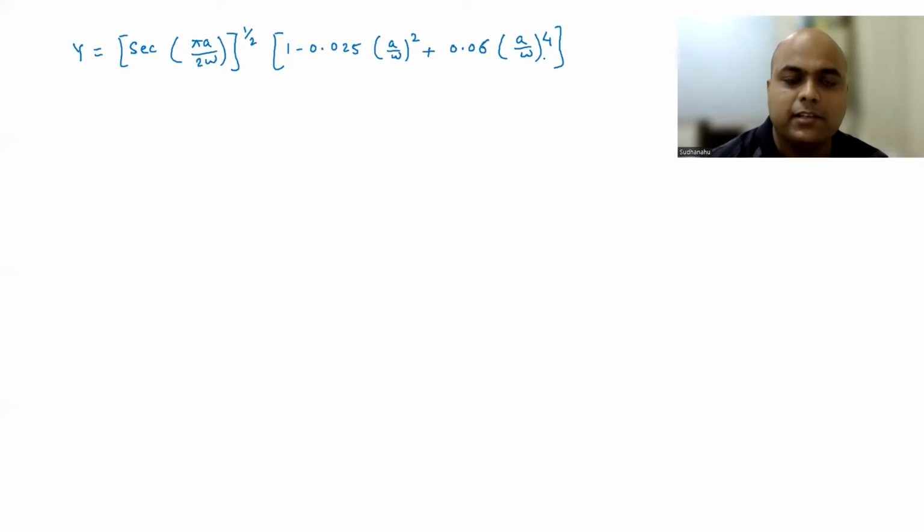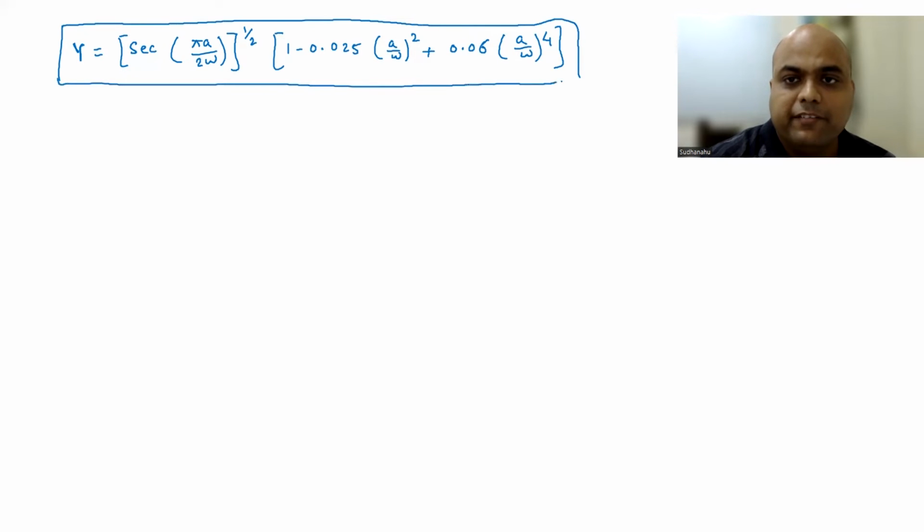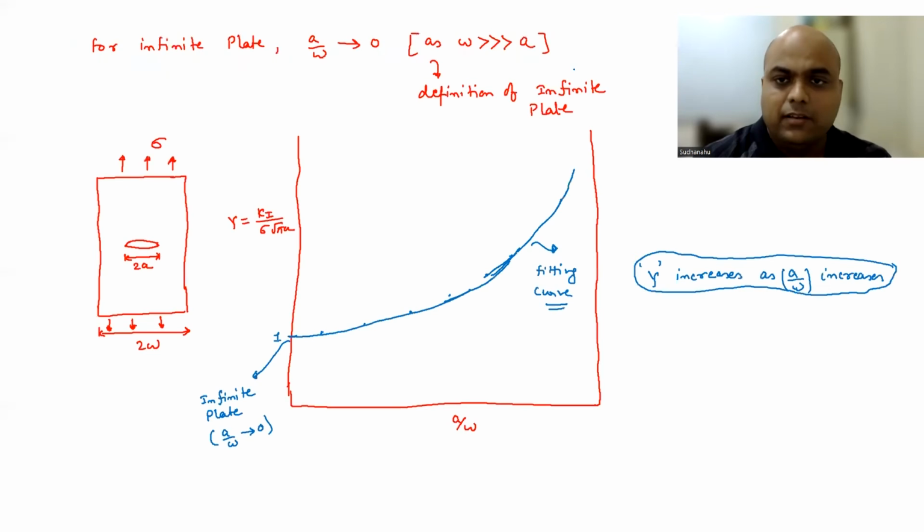Again, remember this is for a finite plate because we are getting an expression of Y, and the crack length is 2A. The crack is at the center and the width is 2W. Okay, and you are under an applied stress of sigma. And if you calculate Y, the expression for Y for that particular configuration of plate will be given as this, which is this fitting curve.